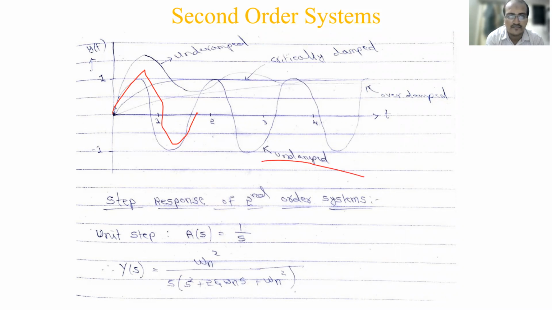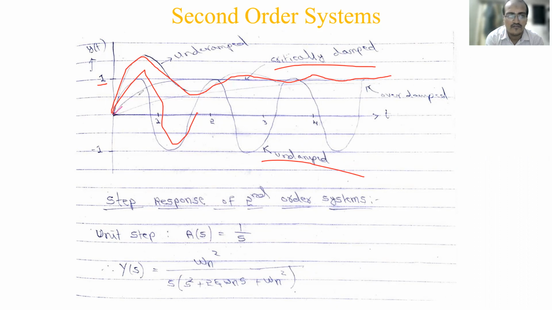You see here, the amplitude is increased now, then it is slowly, gradually decreasing, finally coming to the steady state. We call the steady state value 1, and it is reaching that value. Then critically damped means it will not have oscillation. See here, this is the waveform. Let me change the color.